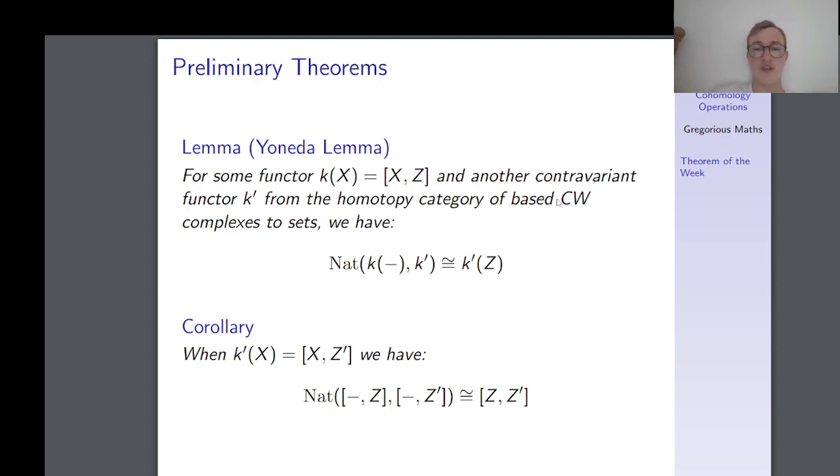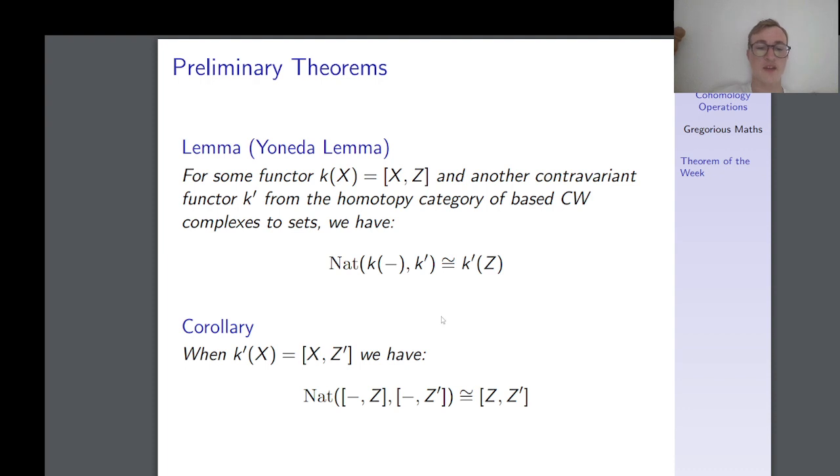If we have this functor, and another contravariant functor K prime, which also maps from the homotopy category of based CW complexes to sets, then what do we have? Well, the set of all natural transformations between K and K prime is isomorphic to, or in correspondence with, K prime of Z.